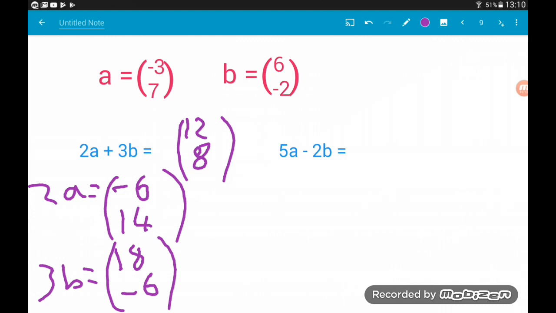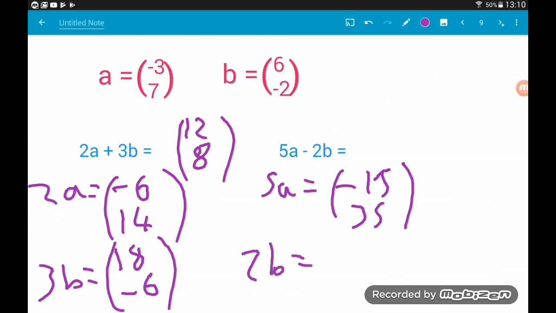Okay, now we want to do 5A minus 2B, so let's do it the same way. Let's find 5A. So 5 times minus 3 is minus 15. 5 times 7 is 35. So 5A is minus 15, 35. And then we want to find 2B.